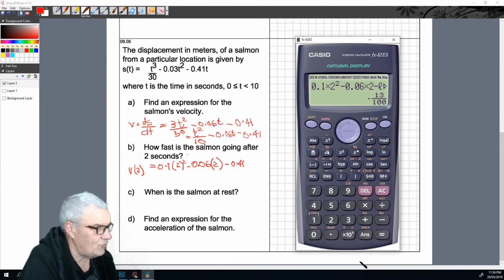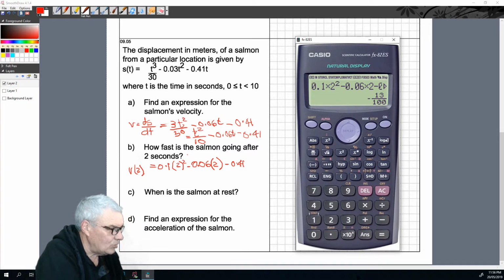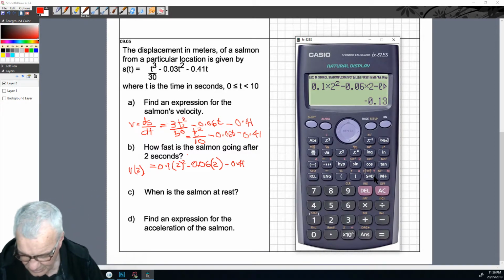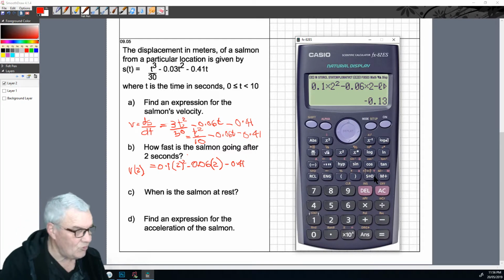Negative 13 over 100, and we'll convert that to a decimal: minus 0.13 meters per second.